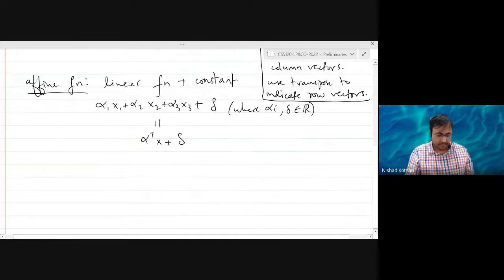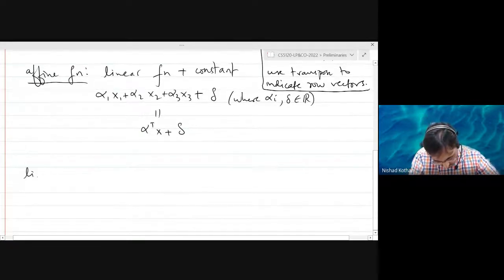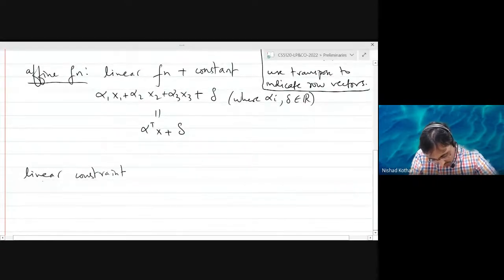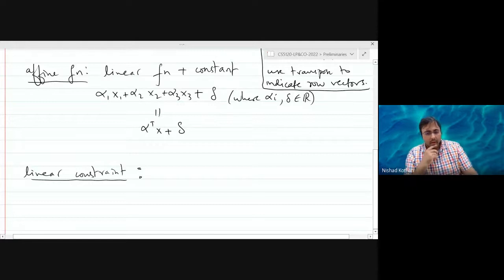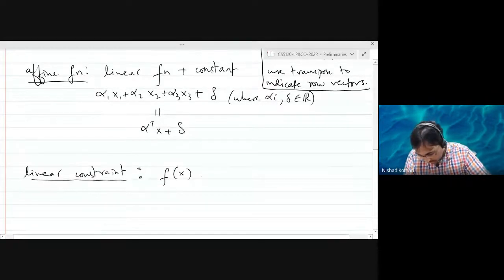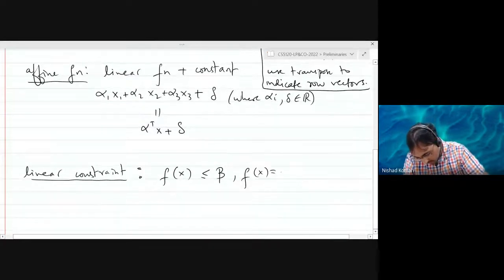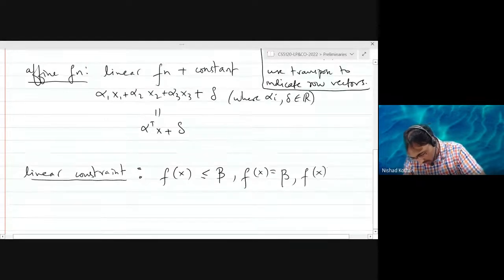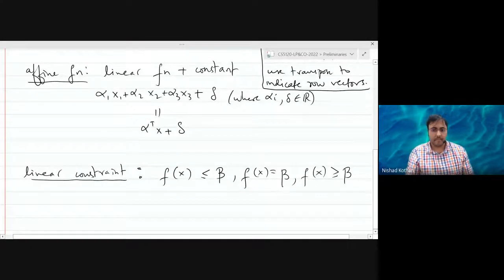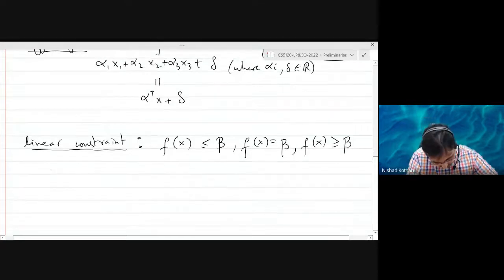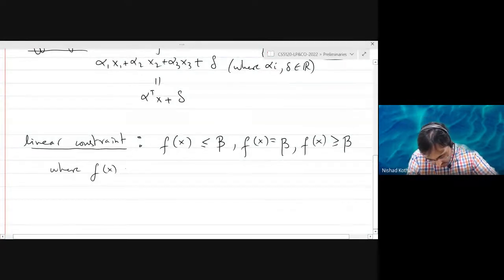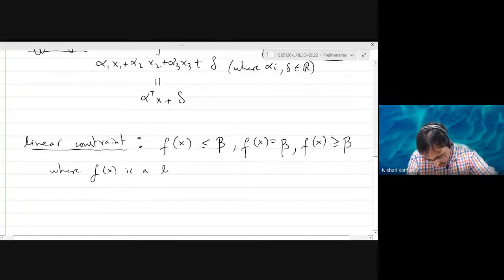Good. And what is a linear constraint? It's going to be any linear function less than or equal to, greater than or equal to, or equal to a constant. So it's going to be this way, or this, where f of x is a linear function for the vector x.